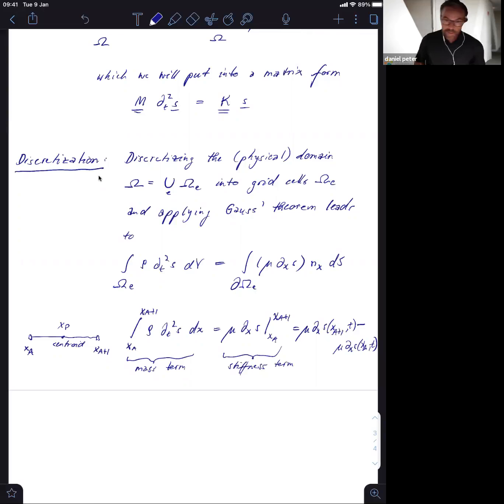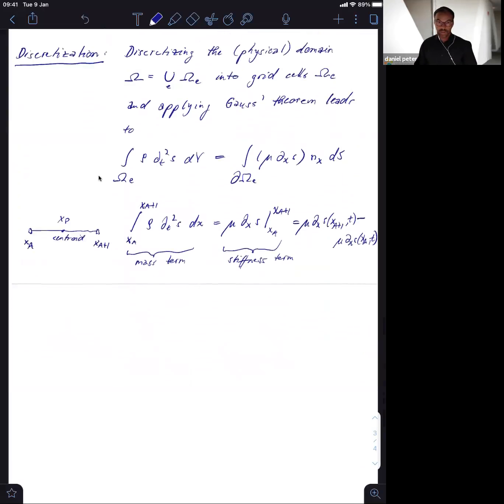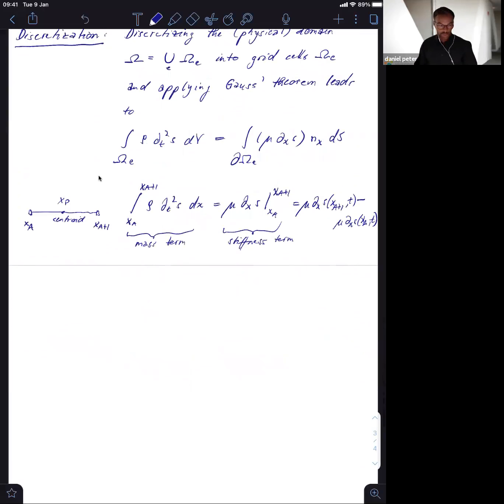So let's look at these terms one by one. And we'll start with the mass term here. So we have this integral from xa to xa plus 1 of rho times the acceleration dx.